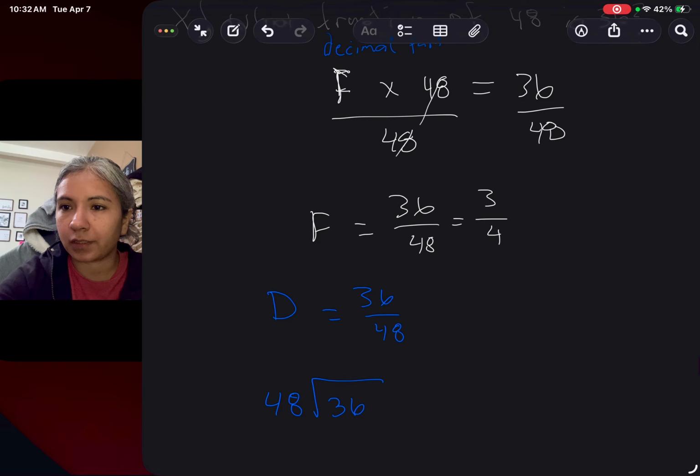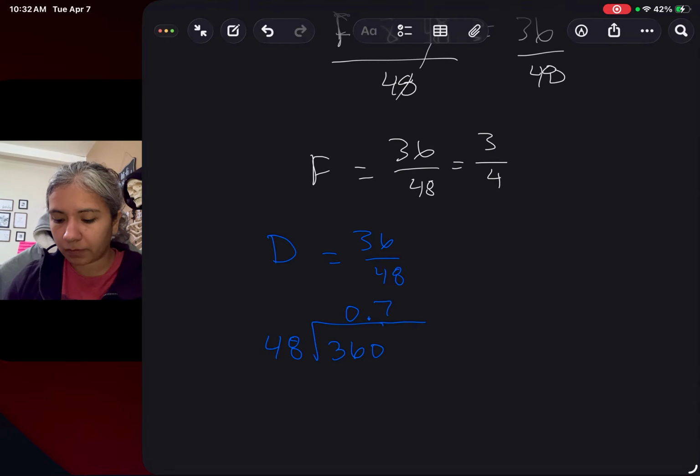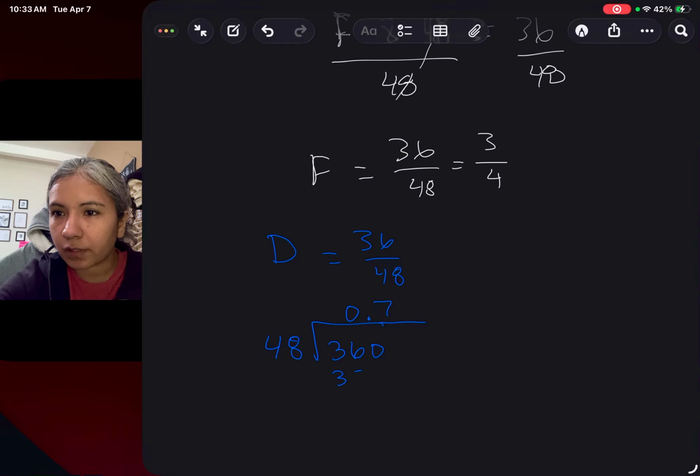It cannot go in here, so I'm going to do 0, put a point, add 0 to make 60. 48 goes into 360 7 times, right? So 7 times 48 is 336, and 360 minus 336 is 24.